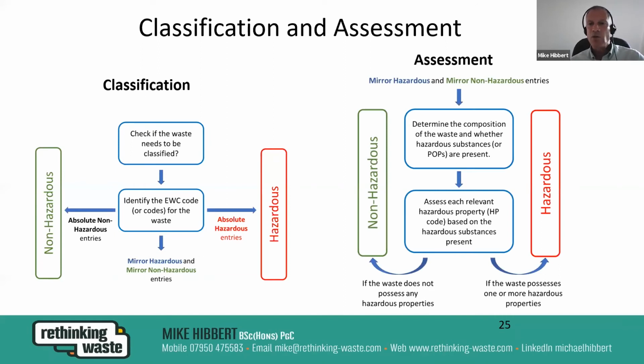And then, depending on whether we've got to that mirror hazardous or non-hazardous element, we need to think about the composition, whether it contains hazardous substances, look at the hazard statements for those substances, and then use the decision trees to determine whether it's above or below the threshold to make it hazardous, in which case it's a mirror haz entry, or under the threshold, in which case it's a mirror non-haz.